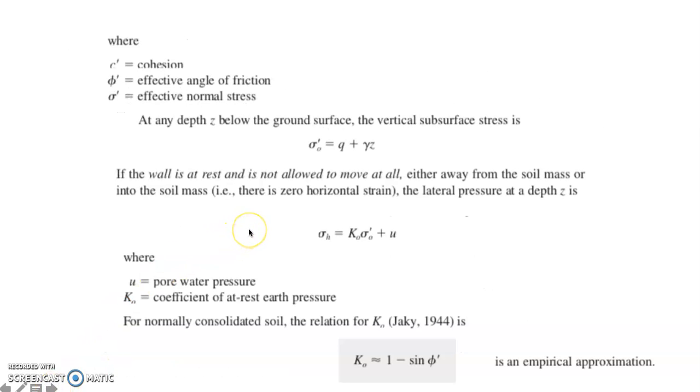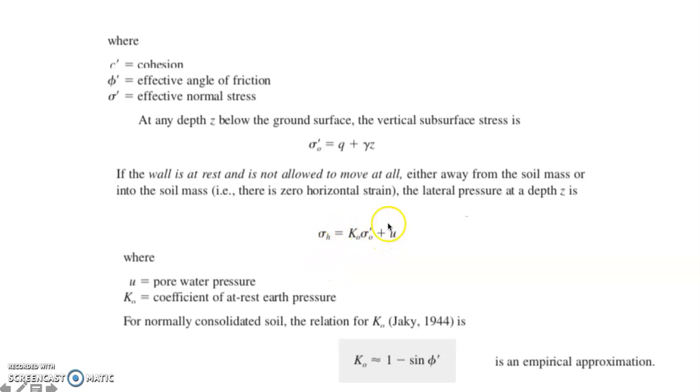Once you have computed the vertical stress, you can compute now the lateral pressure at depth Z. To compute the lateral pressure at depth Z, you're going to multiply your vertical stress times the coefficient of at rest earth pressure, K sub O, or K naught. This is now the lateral earth pressure, or what we call our horizontal force.